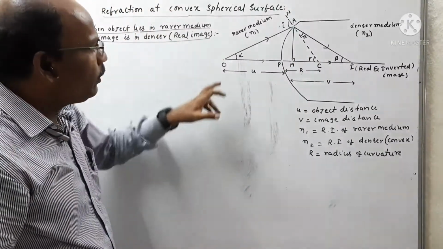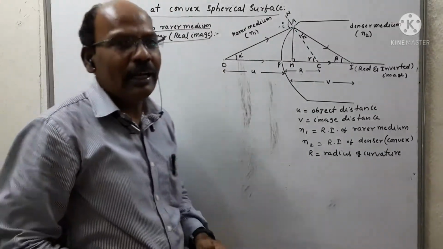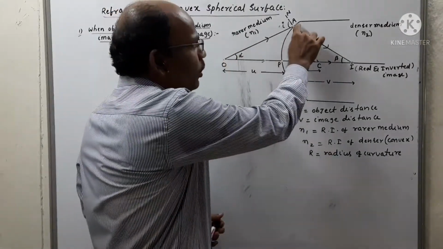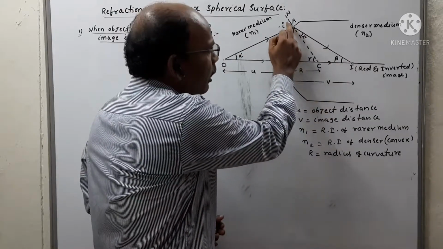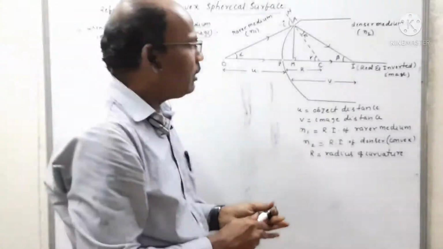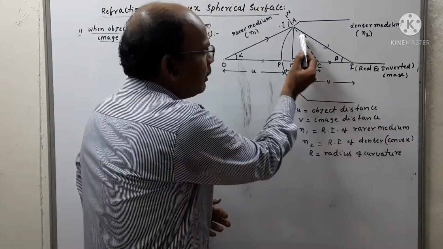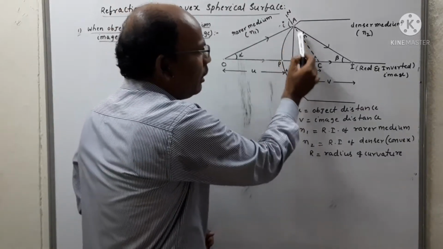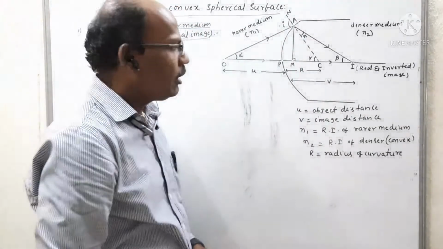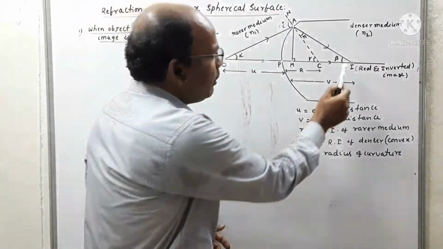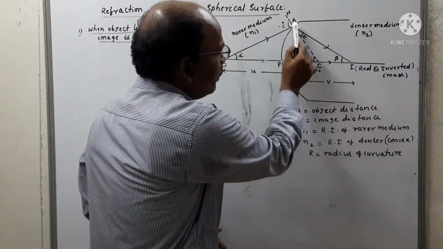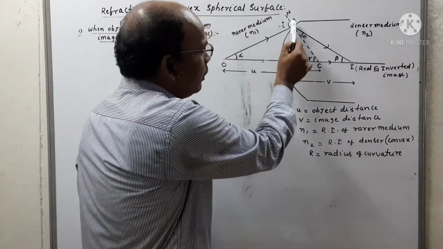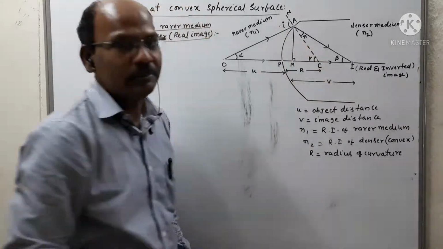Let's observe the angle of incidence. What is the angle of incidence? The angle between the incident ray OA and the normal drawn at the point of incidence. Here the normal is the line through the center of curvature, represented by dotted lines. So the angle between the incident ray and the normal is taken as i. And what is the angle of refraction? The angle between the refracted ray AI and the normal drawn at the point of incidence, that is AC, that is R.